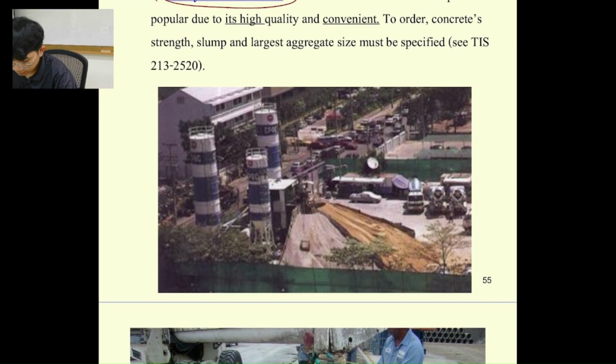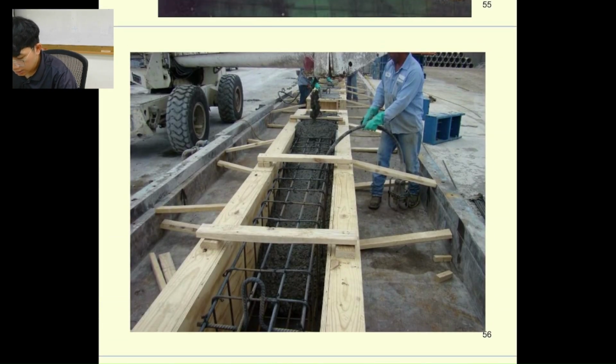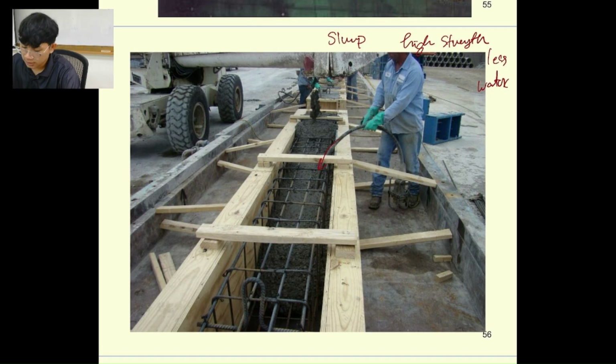Okay. All right. Sometimes the concrete flow, as you already tested with the slump, is low. If you would like to have high strength, it means you need to add less water. When you add less water, the flowability of the concrete is so bad.